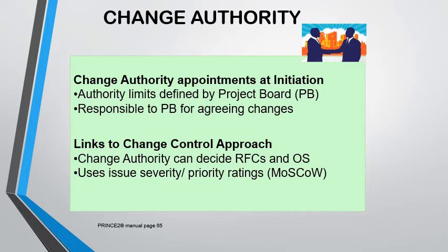The severity scale being any that you can find around, maybe using words like critical, major, significant, and minor, and also prioritizing them as follows using the MoSCoW rating: must have, should have, could have, and also won't have for now. So the change authority uses those when they are appointed. Their focus, like I said, is on agreeing changes on behalf of the project board.